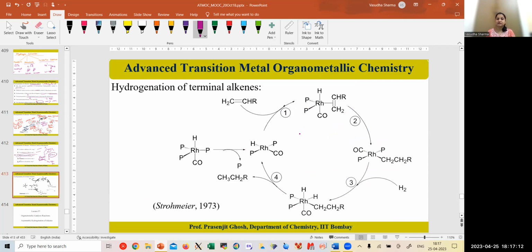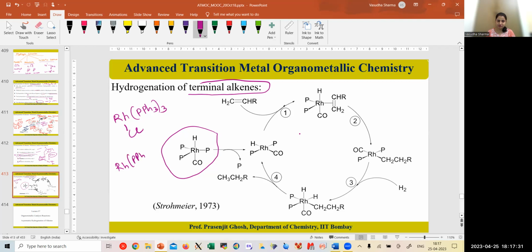Now we have the terminal alkenes, for example. So this is another, different kind of catalyst. Earlier we had RhPPh3 and chloride. Here we are having RhPPh3, H and carbonyl.